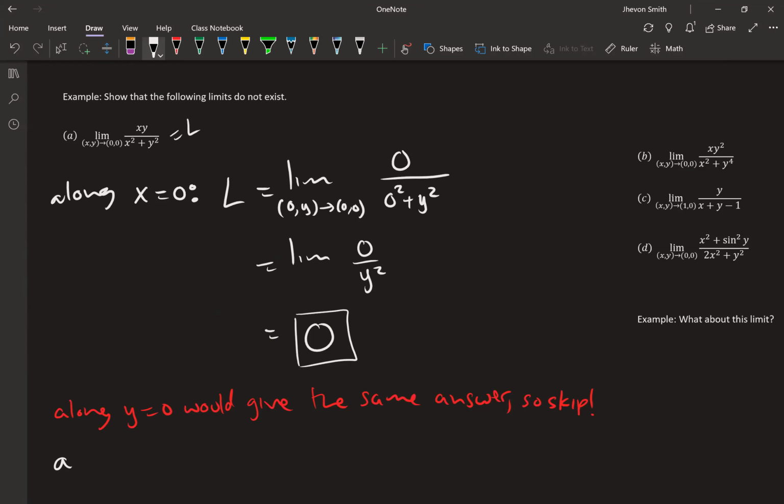Another path I can go along. Two? What do you mean 2? x equals 2? So this is not valid. You cannot do that. Do you see why?